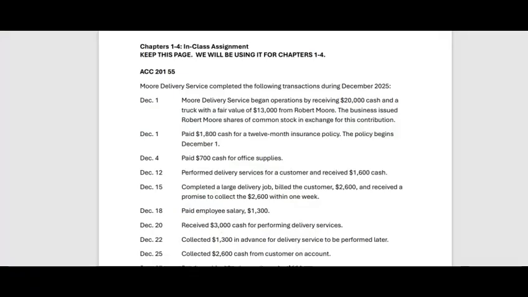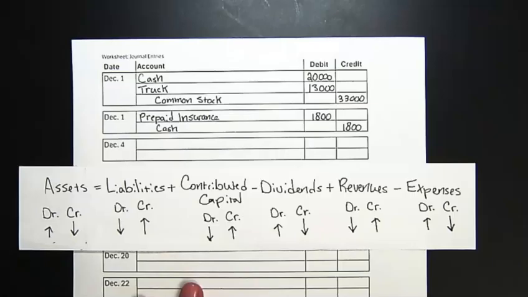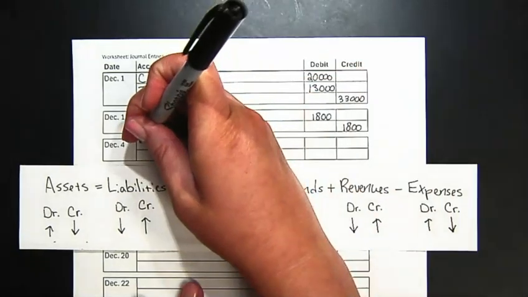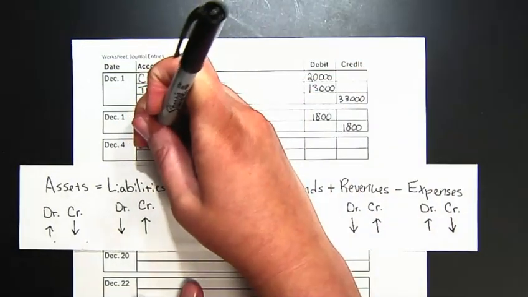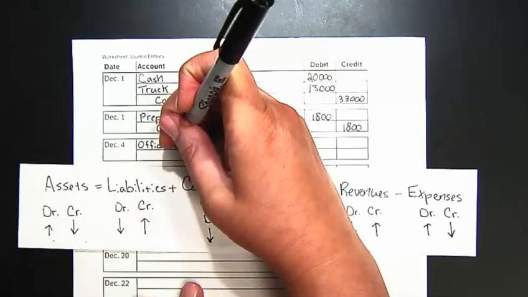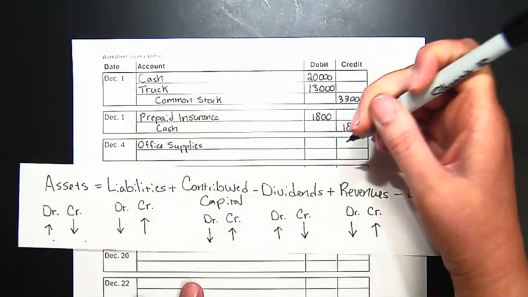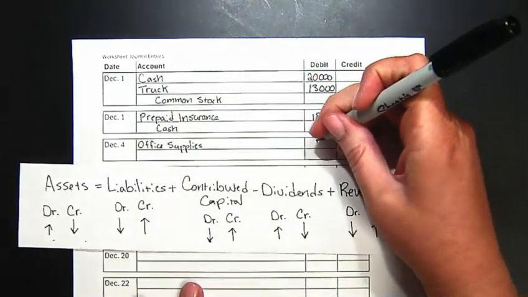On December 4th, More Delivery Service paid $700 cash for office supplies. This purchase of office supplies has resulted in the acquisition of a new asset, office supplies. We increase assets with a debit, so I will debit office supplies, $700.